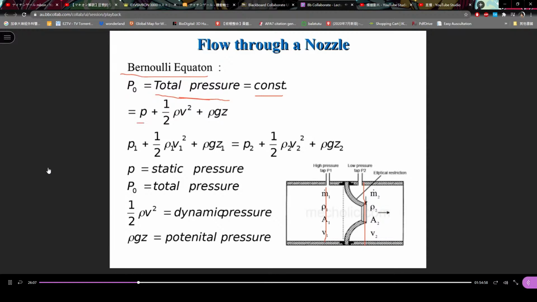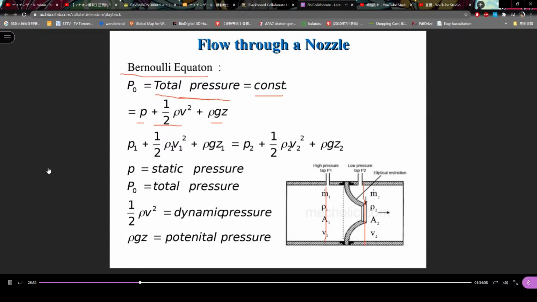The first one is pressure, static pressure. The second one is kinetic energy. The third one is potential energy. So for thermal fluid study, you should know for any movement of a body, there are three energies: internal energy, kinetic energy, and potential energy.